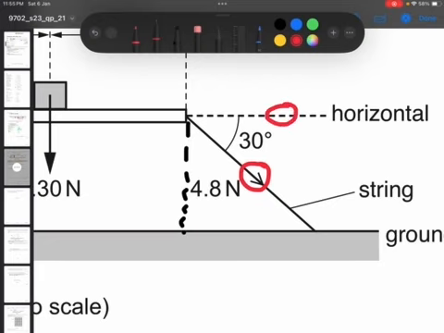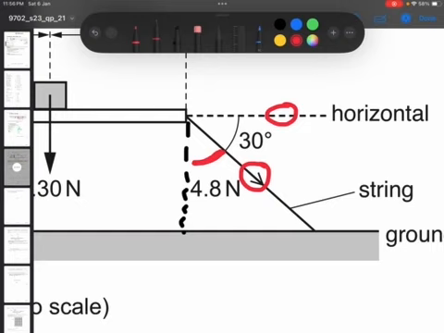So the rule of thumb that I use is this one. If you are to resolve any force or any vector in a direction where the angle is not given, for example, I want to resolve it in the vertical direction, but I don't know this angle here. Of course, I could find it, but I don't know it.